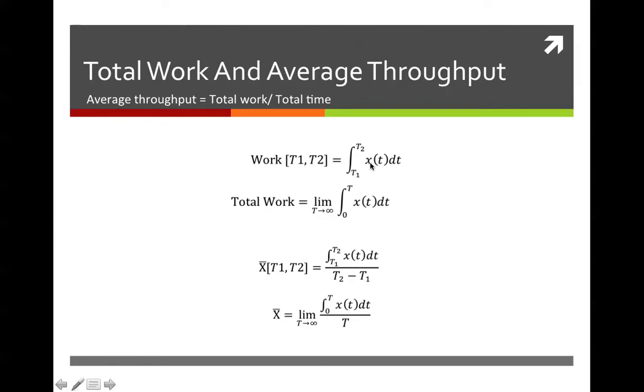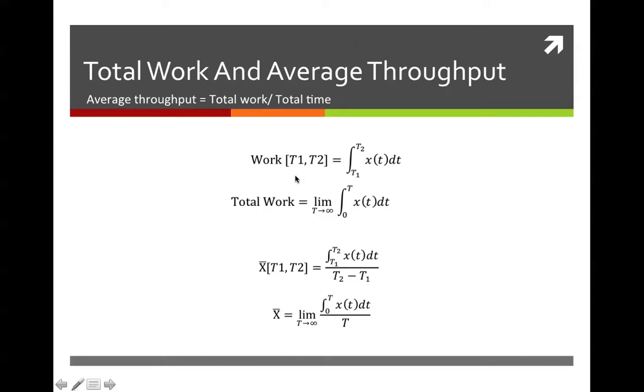And so what we do is we put the throughput into our integral, and keep in mind that throughput is work over time, so these things cancel out. Effectively, we're just summing over this time period all of the incremental pieces of work we do, and that is the throughput, of course, and that gives us the total work.